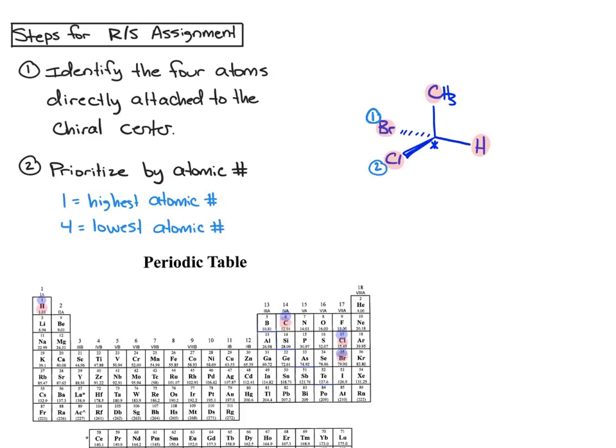That's priority 2. Then comes carbon with an atomic number of 6. And finally, our lowest priority group is hydrogen, which is priority 4. If you have a hydrogen on your chiral center, it's always going to be your lowest priority group.